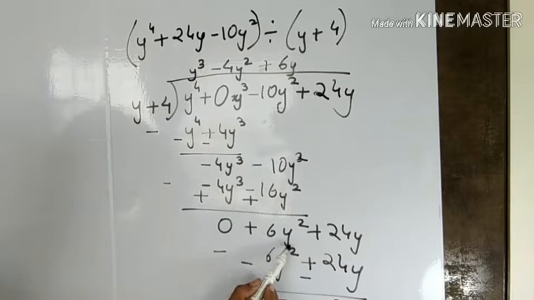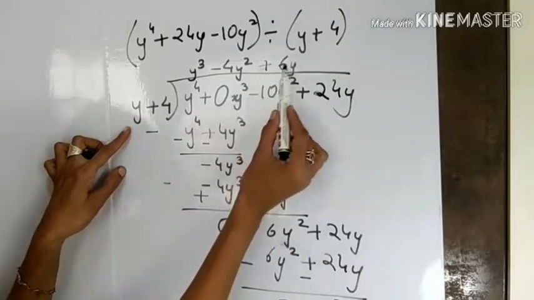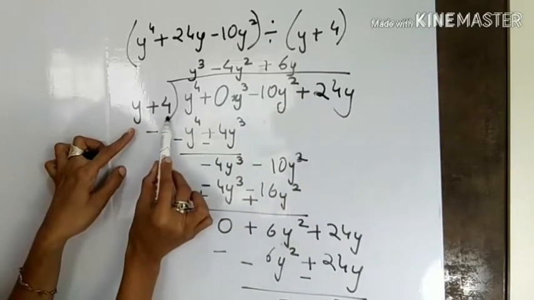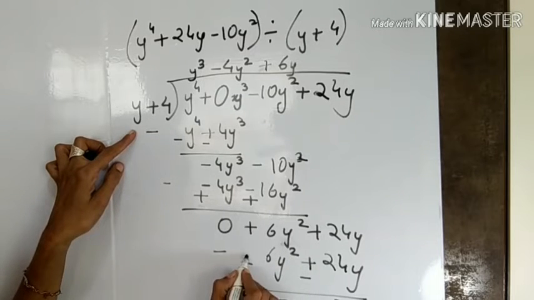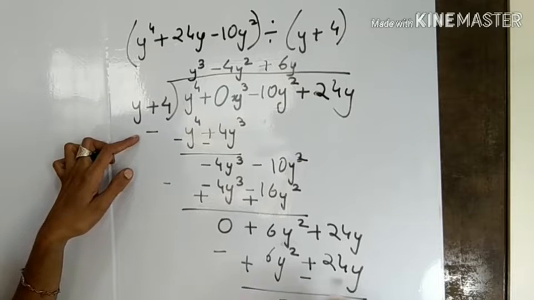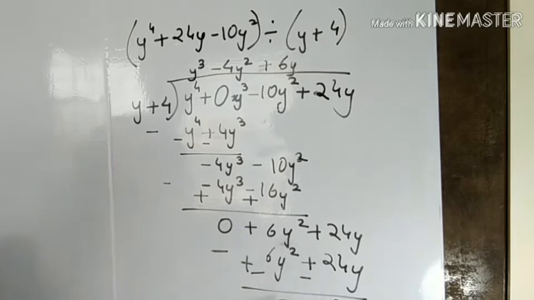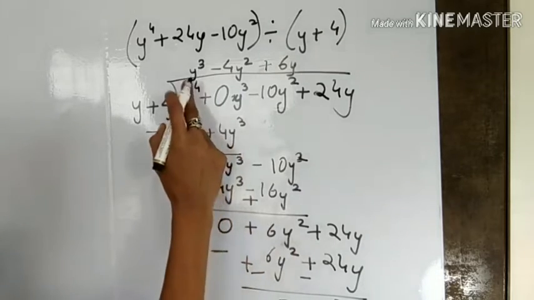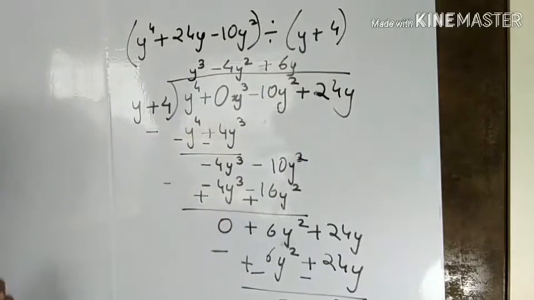I need 6y square, so I'm going to multiply with plus 6y. And you need to multiply this 6y with this entire term. So that gives me 6y square plus 6 4s are 24y. When I subtract, the signs change. So I get the remainder as 0, and my quotient is y cube minus 4y square plus 6y.